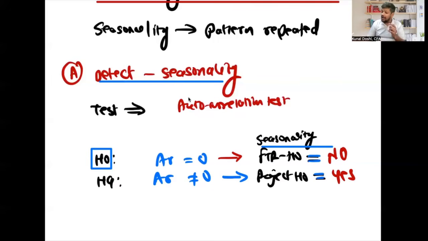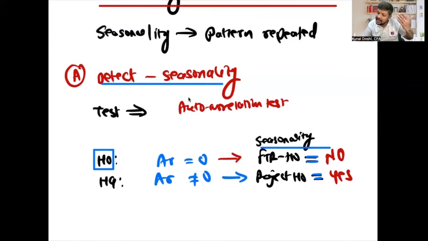So I want no seasonality, but I will get to know there is seasonality when the null is rejected. Autocorrelation should be zero; if it is zero, no seasonality. But if it is not equal to zero, it is significant, which means there is seasonality.